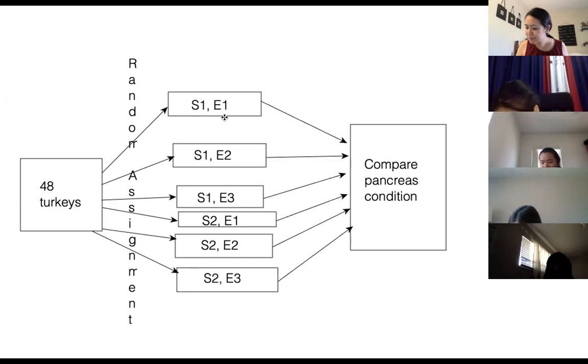You think that the farm where the turkey was raised may affect pancreas health. Outline in a diagram an improved design for this experiment. Good. All right, thank you, Annie.